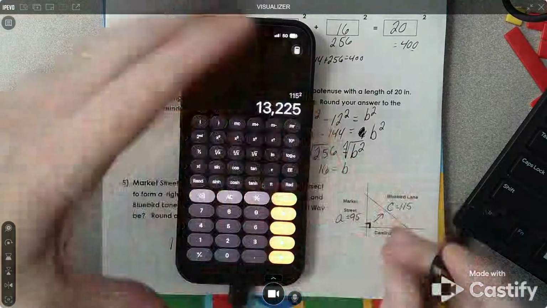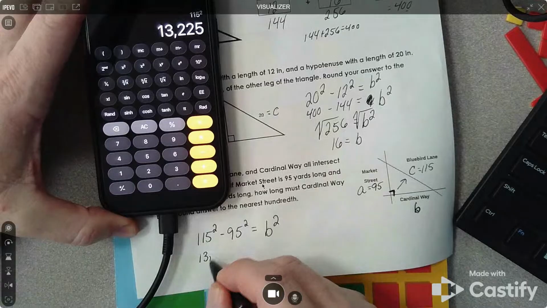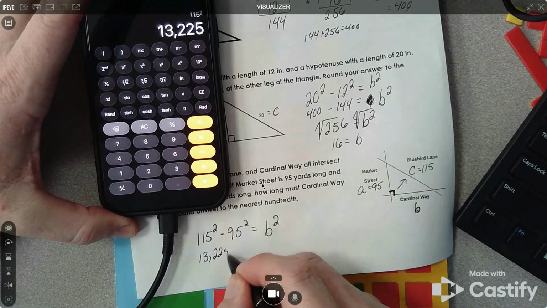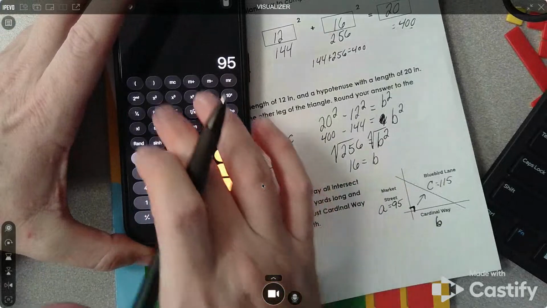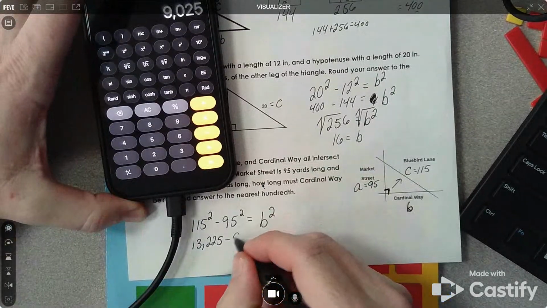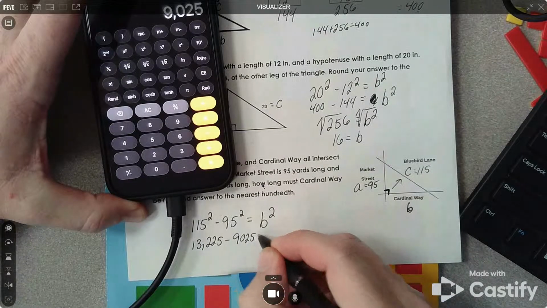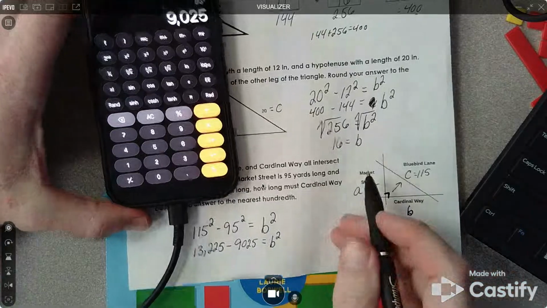And it equals 13,225. Subtract from that 95 squared, which is 9,025. And the answer to that is going to be B squared, not the missing side length. It's going to be B squared.